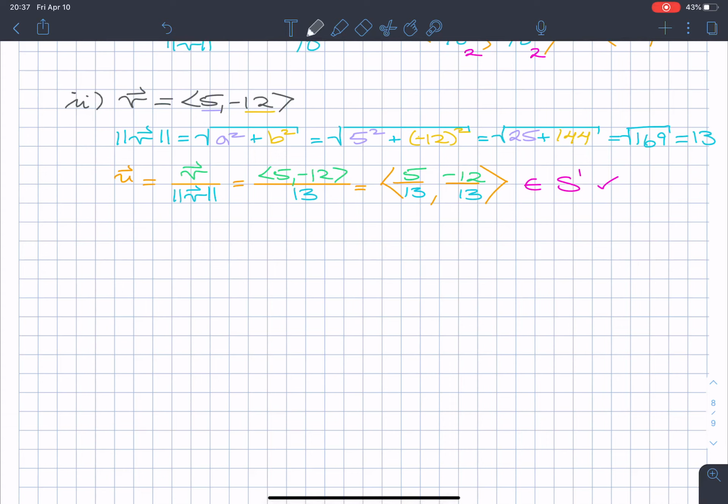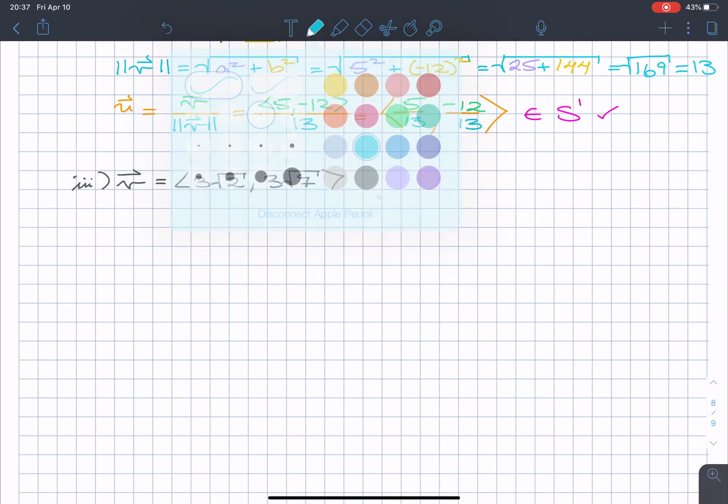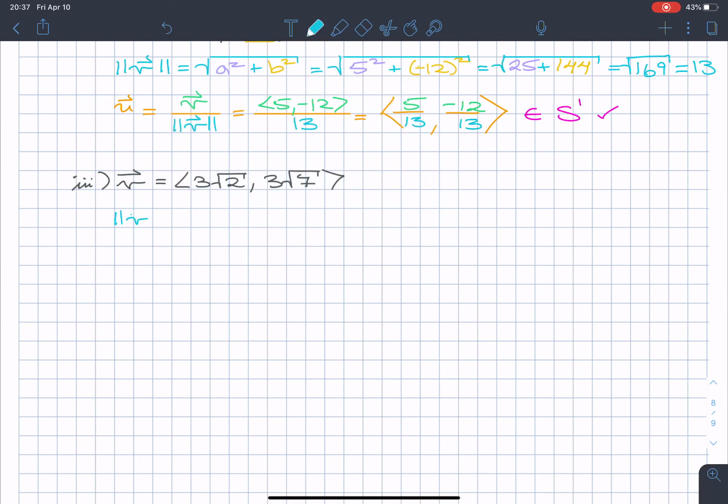Number 3. Let's say we have vector v is equal to 3 times the square root of 2, comma 3 times the square root of 7. Okay, so once again, the magnitude of vector v is the square root of a squared plus b squared.